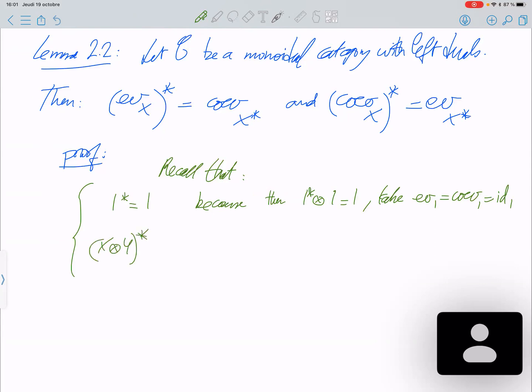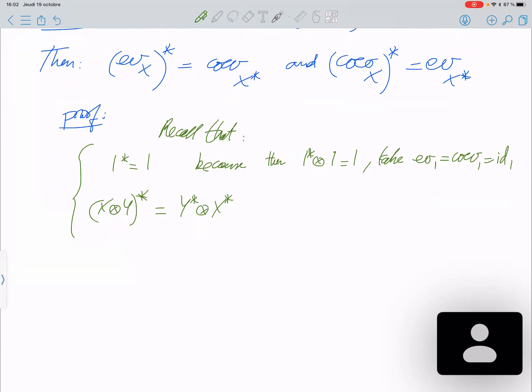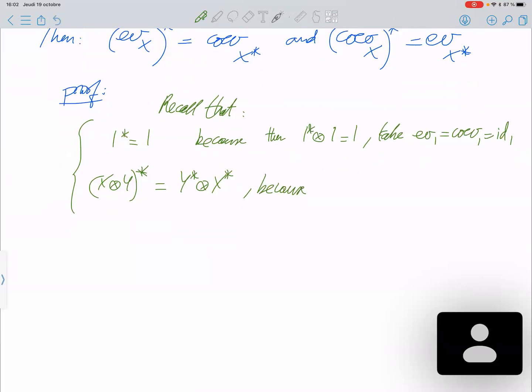the dual of the tensor product X, Y is the dual of Y tensor the dual of X. You see that as follows, using the identity map: the identity map of (X tensor Y) star is, as we saw before, pictorially as follows.